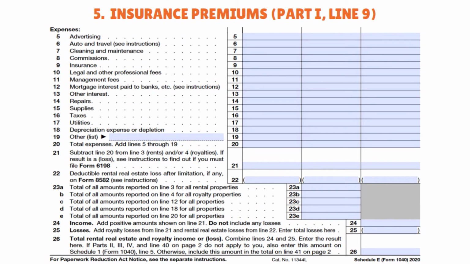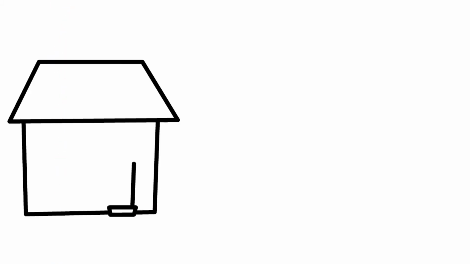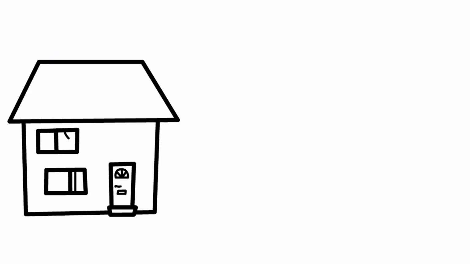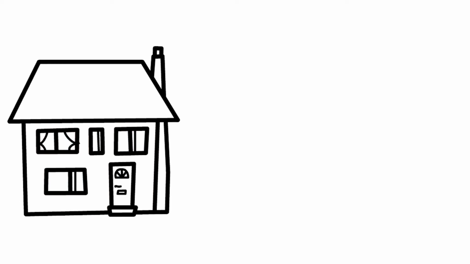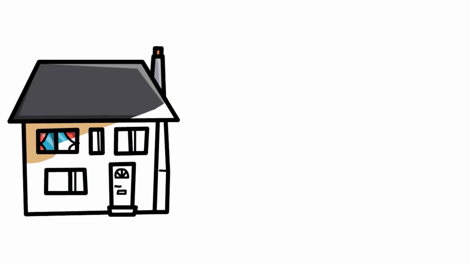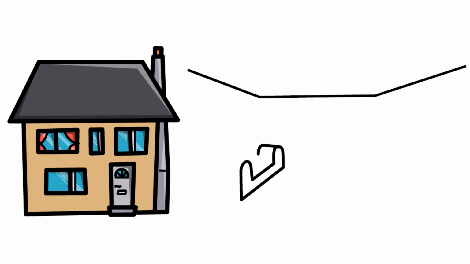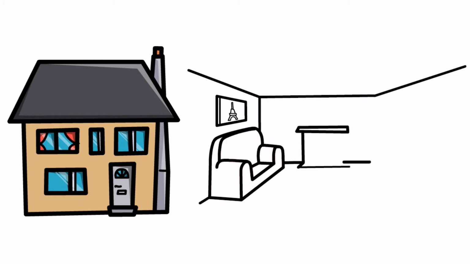When we talk about insurance, there are a couple of things. First, lenders can stipulate that homeowners get an insurance policy before securing their mortgage, right? Luckily, any form of insurance is considered an ordinary and necessary rental property expense, and this is thus deductible. The deduction applies to basic homeowners insurance as well as special peril and liability insurance.